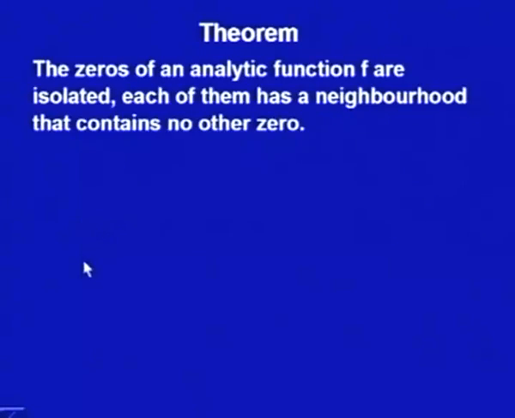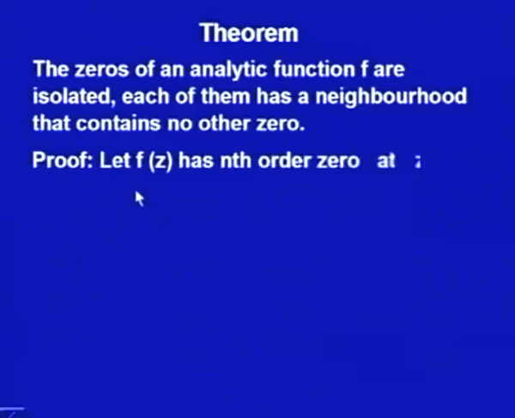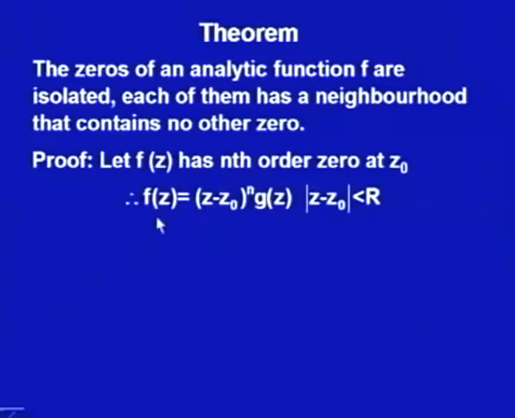Let us prove it. Just now what we have done: suppose f(z) has an nth order 0 at z naught, then I can write f(z) as (z minus z naught) to the power n times g(z) in the region |z minus z naught| less than r.